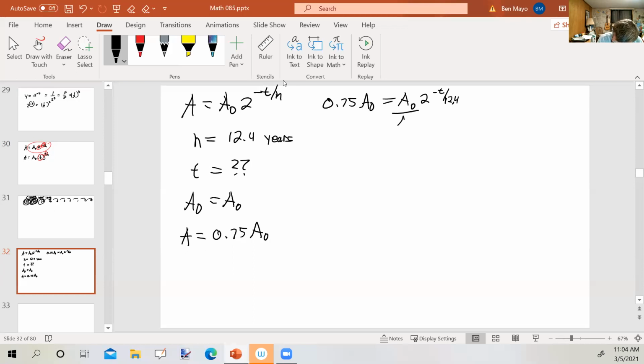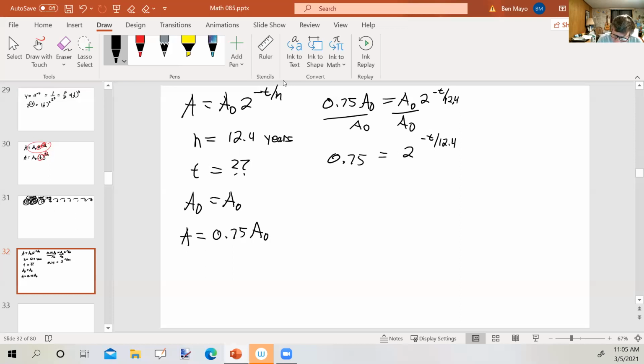The first thing I'm going to do is divide both sides by A sub 0. So just like in yesterday's stuff, we get rid of the unknown original quantity. We just know that we lose 25% of it. So 0.75 equals 2 raised to the power negative T over 12.4.